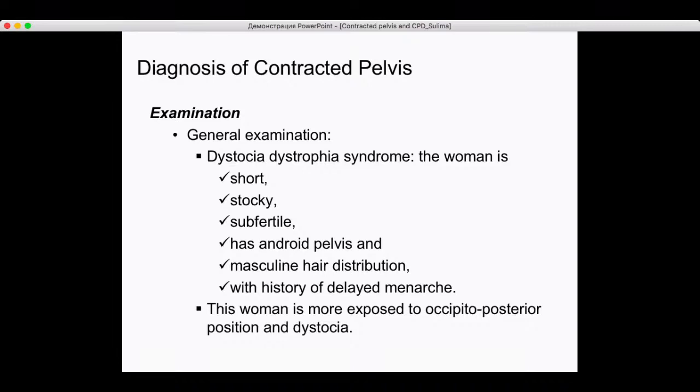You can diagnose it during external pelvimetry, masculine hair distribution, and a history of delayed menarche. This woman is more exposed to occipital posterior positions and dystocia.